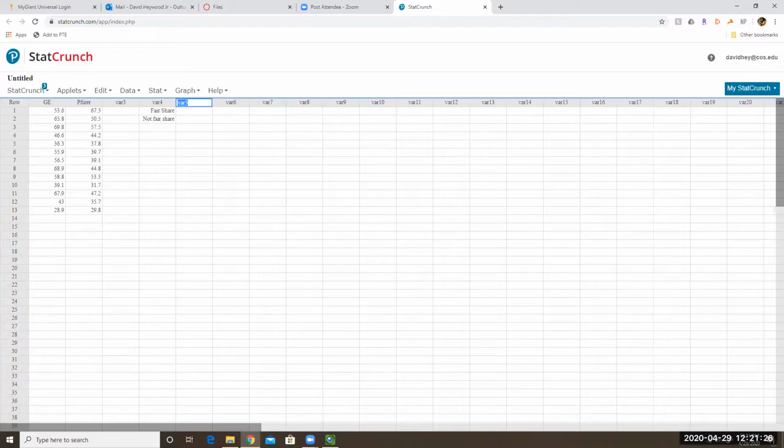Okay, maybe I'll call these rows something different. I'll call them fair share for high income people and not fair share for high income people. The reason I'm going to do that is because I'm going to label the columns the same way. So fair share, but this is for low income people.